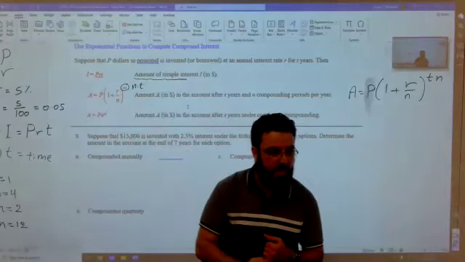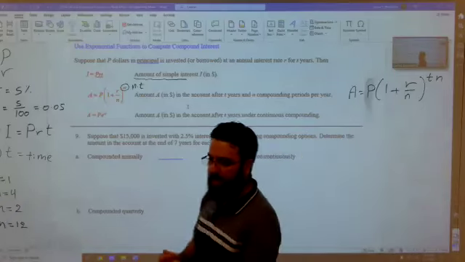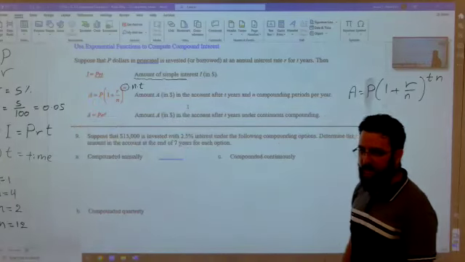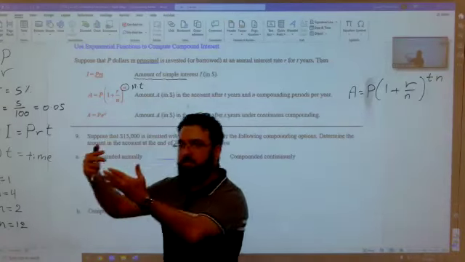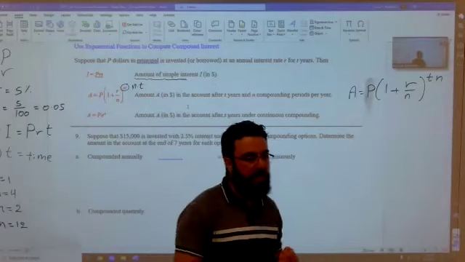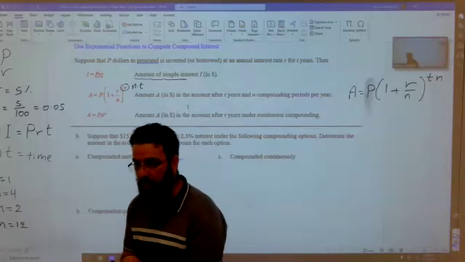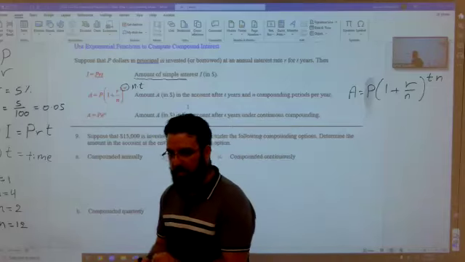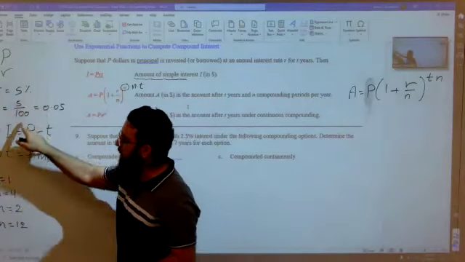Now we know N is the compound, T is the time, P is the deposit, R is the rate. What about A? A is how much is going to be in your account after T time with this interest. That means if I invest 5,000 in the bank, P equals 5,000, for 3 years, that means time is 3 years, with the rate 1%, that means R is 1 divided by 100.